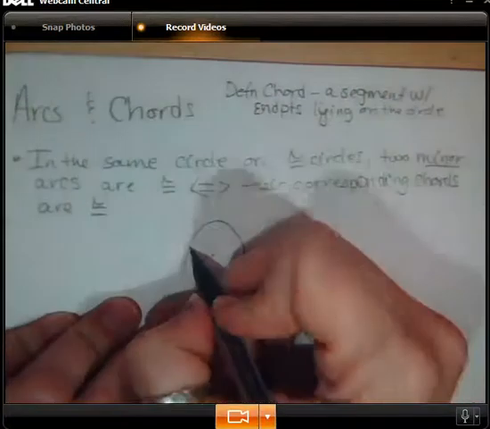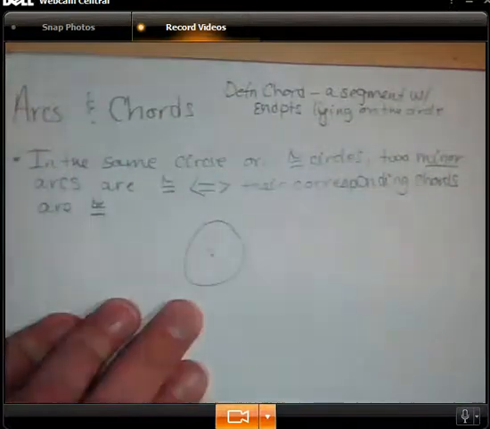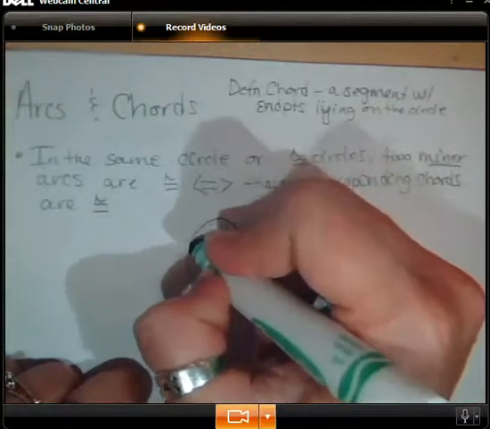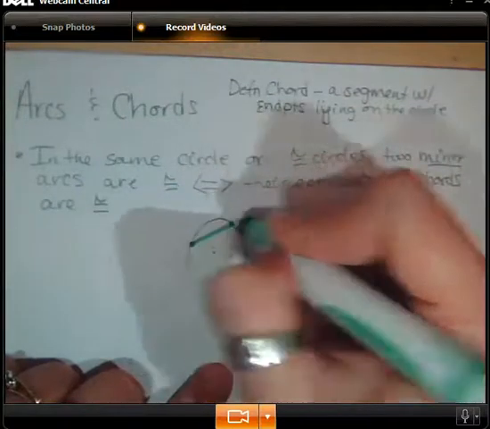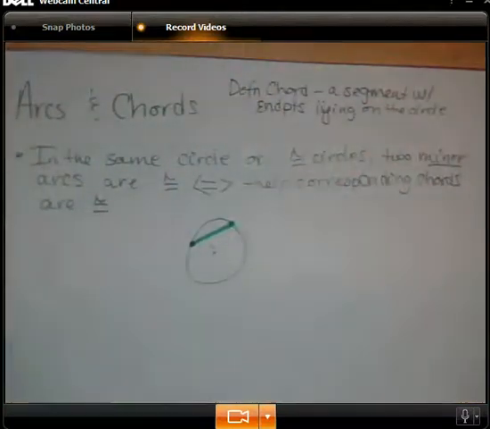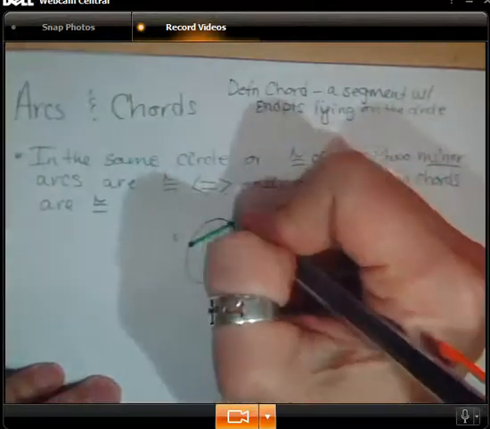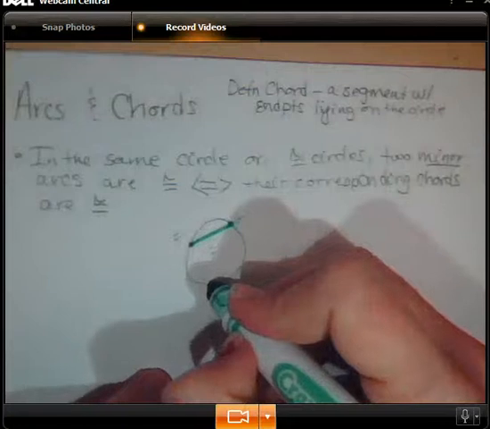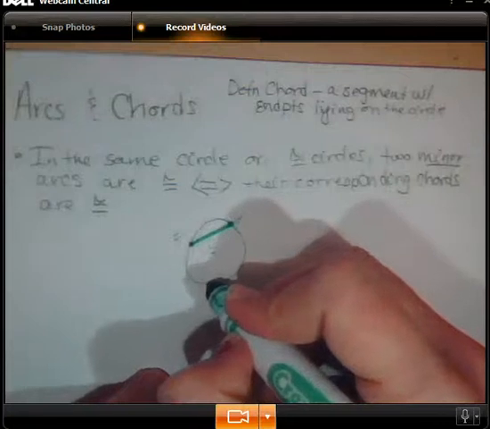Well, it just so happens that circle L has a chord that is FG, and it has a chord that is JH.